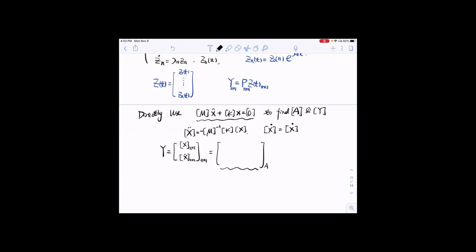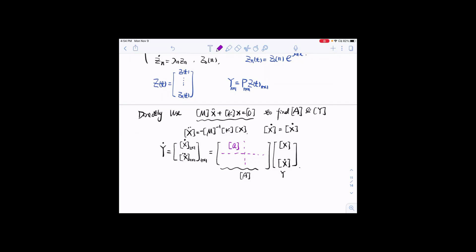Then you can find your A matrix. Again, this is the Y matrix. Let's write it as Y dot. So this is your Y, and your Y is x over x dot. Inside this A matrix, instead of cutting it into 4 by 4, 16 elements, you can cut it into 2 by 2, that is 4 blocks in total.